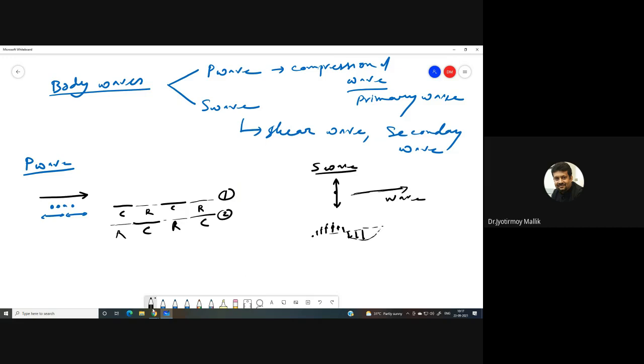This is the way the wave will propagate, and this is what we call shear wave or secondary wave.